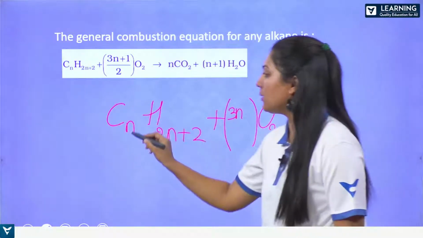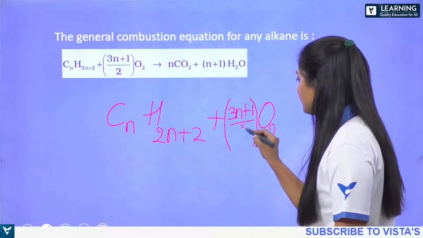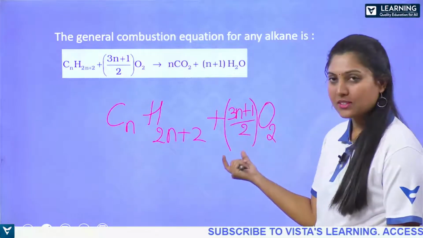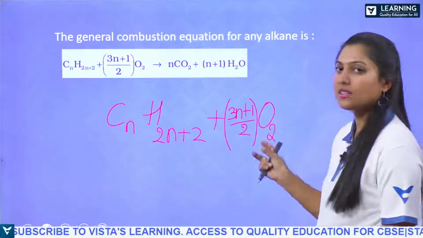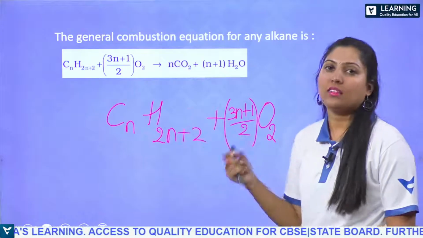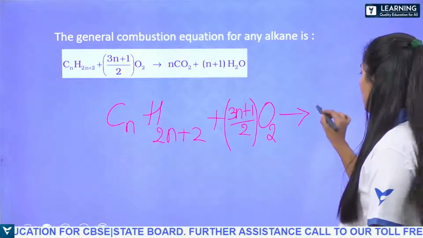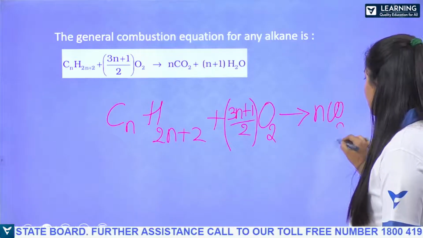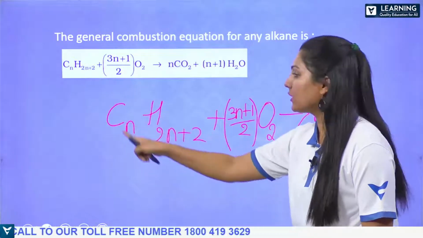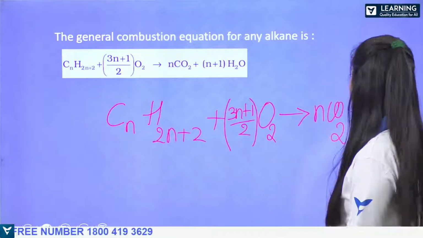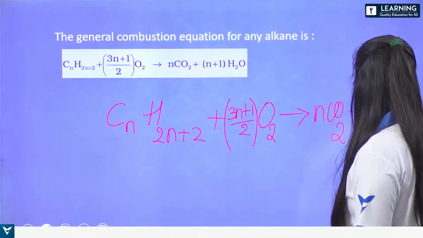where n represents the number of carbon atoms present, plus 1 by 2. This 3n plus 1 by 2 gives you the number of oxygen molecules undergoing combustion, and that gives you n carbon dioxide plus n plus 1, which is one greater than the number of carbon atoms, so n plus 1 water molecules.